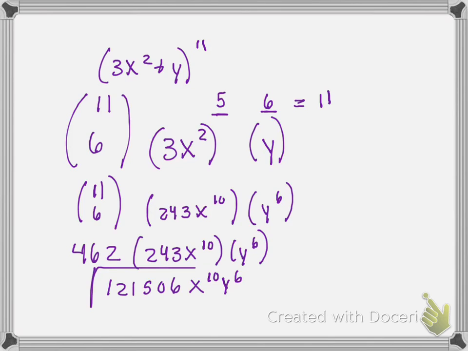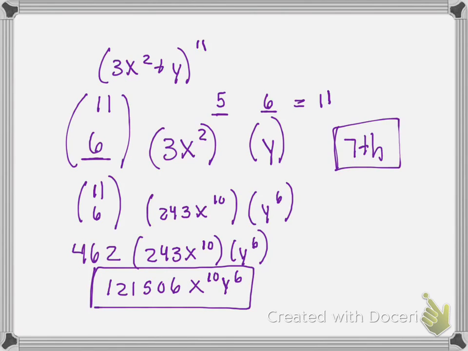Yes, and then this is your term, and you know that this is the 6 at the bottom, but that means that it's the 7th term actually, because remember that we have to put one less than the actual term number on here, so we know that it's the 7th term.